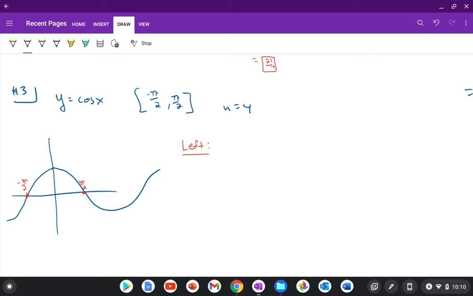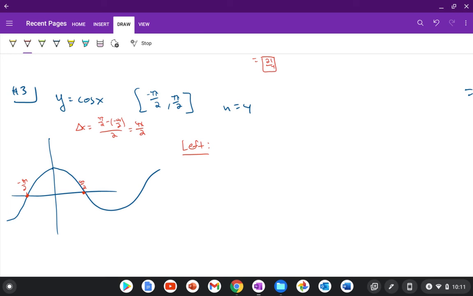So for our left, we still do delta x, so that's going to be b minus a over 2. So it's pi over 2 minus negative pi over 2 over 2. That becomes a plus. It's just essentially a half pi plus a half pi, which is a whole pi.